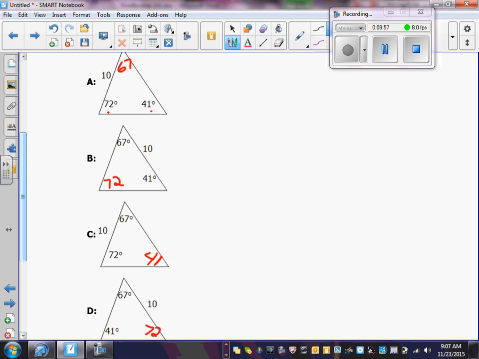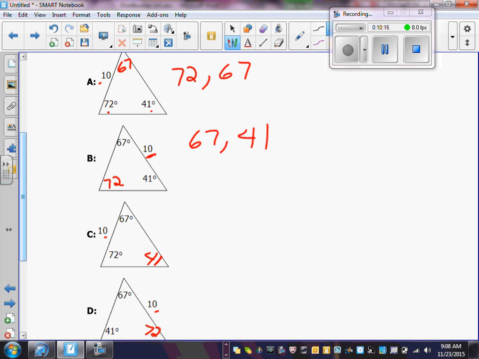Then the next thing I'm going to do is they give you a side, which is 10, right? And all of them. So where is this 10 located? 10 is between 72 and 67 here for A, right? But for B, it's between 67 and 41.